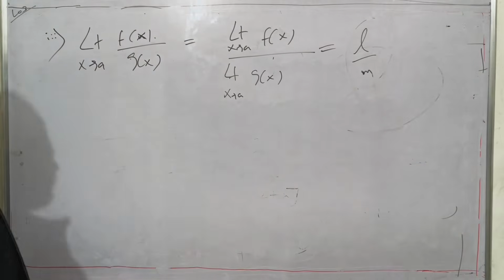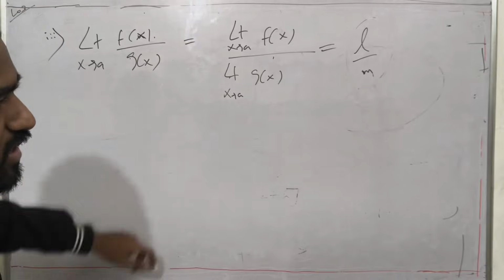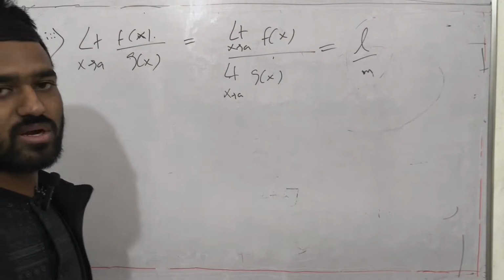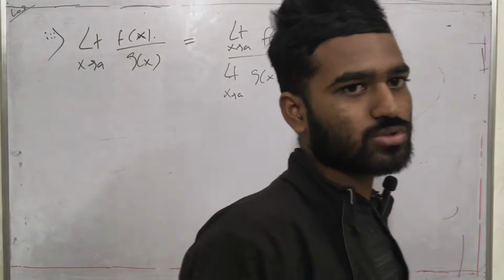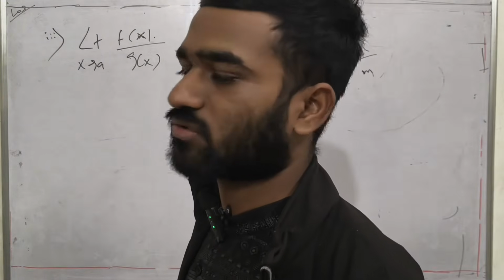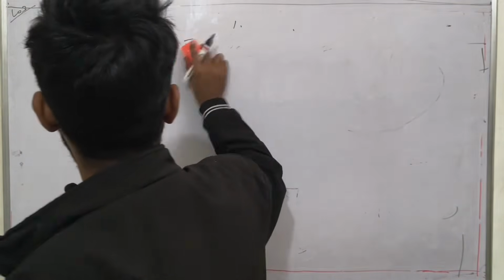So if M exists, you can use these rules. If M doesn't exist, you can't use this rule, but you should work with the individual limit h of x. So let's take an example.